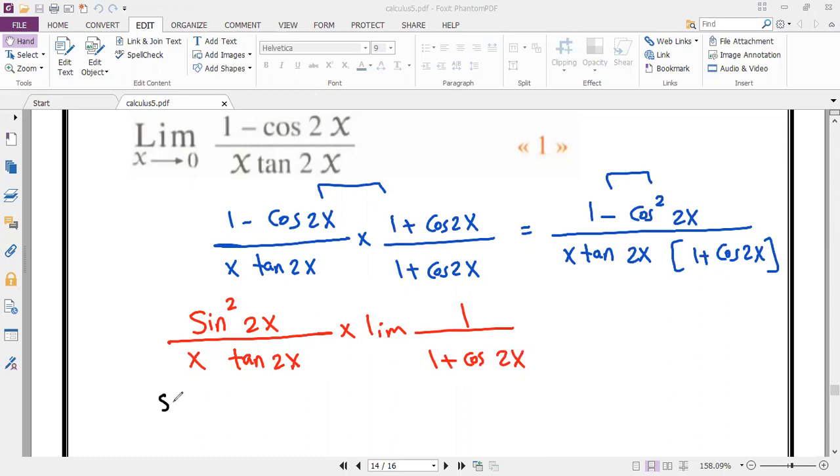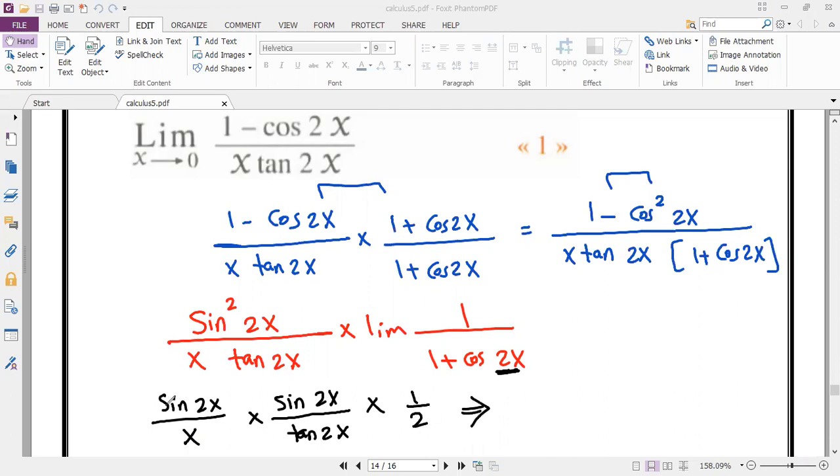So we can write it as sine 2x over x multiplied by sine 2x over 2x, multiplied by this limit here, as x approaches 0. We can just substitute x equals 0. So that is going to be 1 over 1 plus cosine 0, which is 1. So that is going to be half.